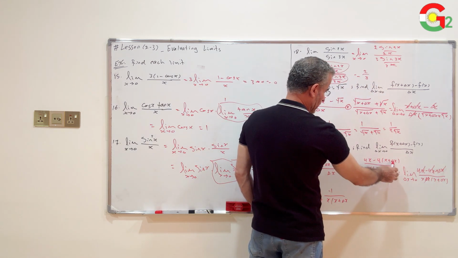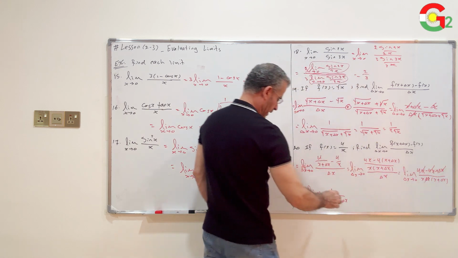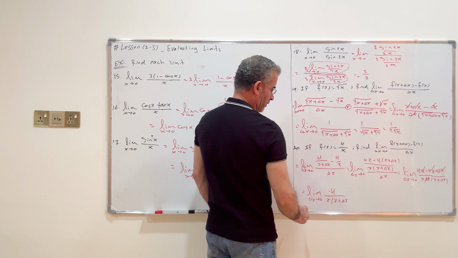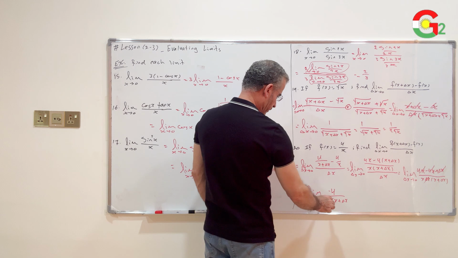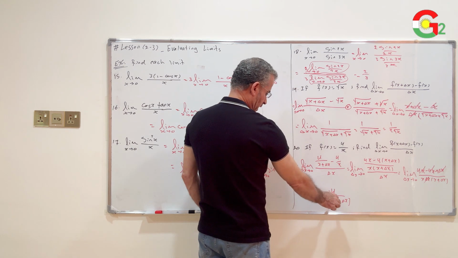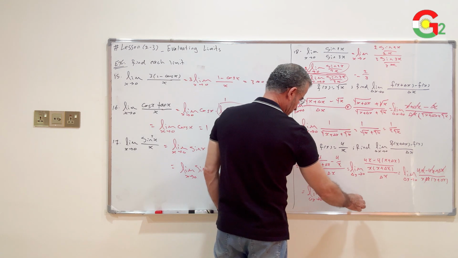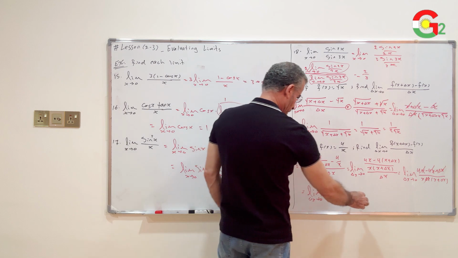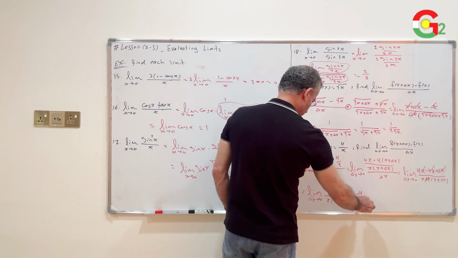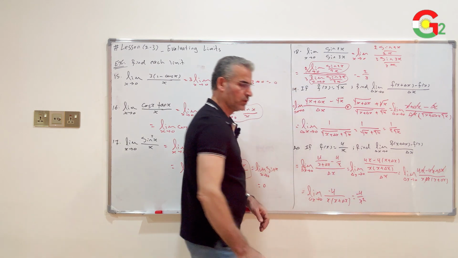Since 4 times delta x is 4 delta x, the numerator will be negative 4 over x times x plus delta x. Now substitute delta x with 0. The answer will be negative 4 over x to the power 2.